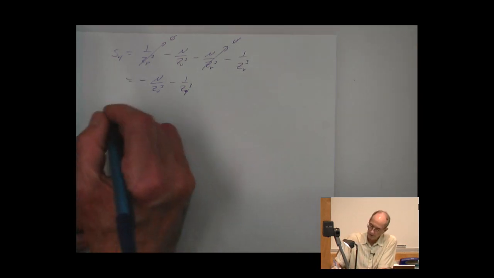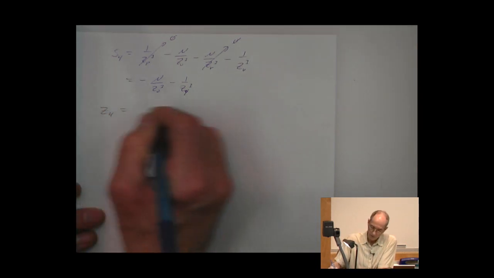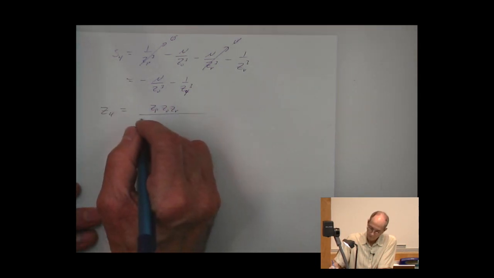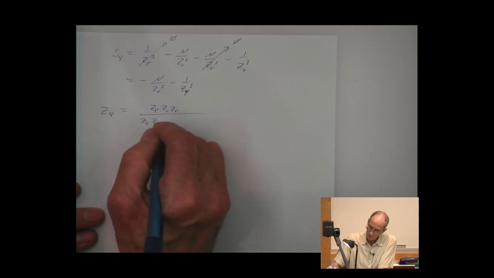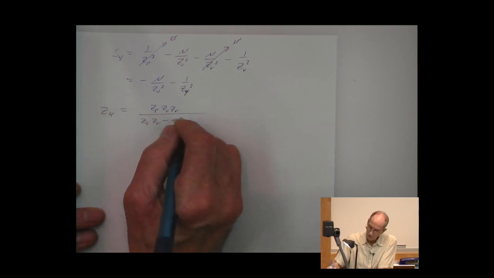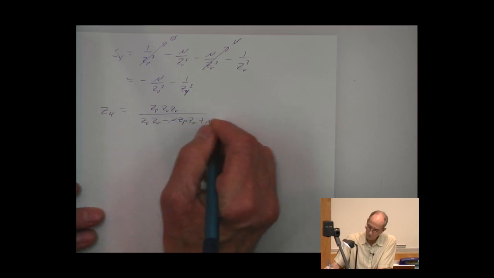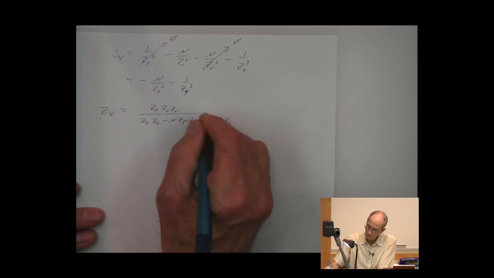So let's look at Z4. Again, this is equal to ZP, ZO, ZR over ZO, ZR minus mu ZP, ZR plus mu ZP, ZO.